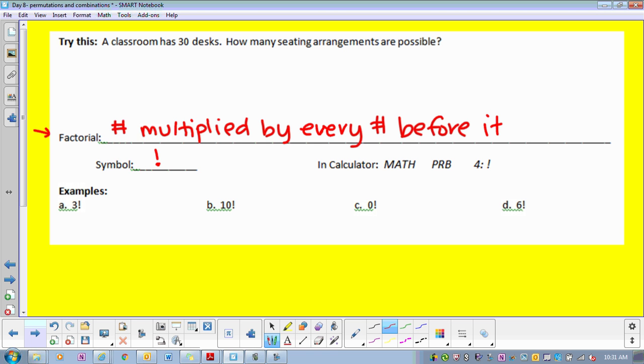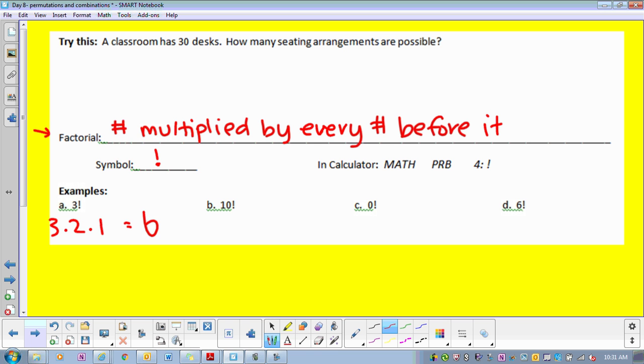So if you have, like example A, 3 factorial, you have 3 times, what's one number before 3? 2 times, what's one number before that? 1. That's what it is. 3 times 2 times 1.